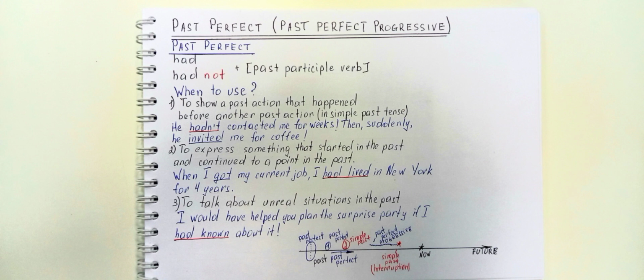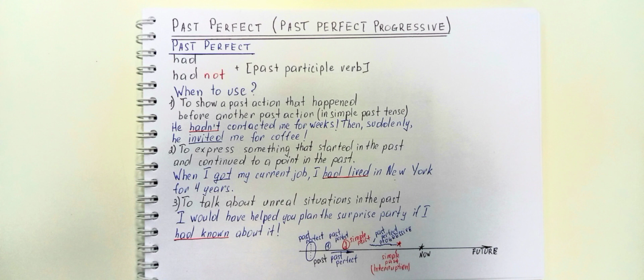We use past perfect to express something that started in the past and continued to another point in the past. So to kind of imagine this, let's look at this part of the timeline here.